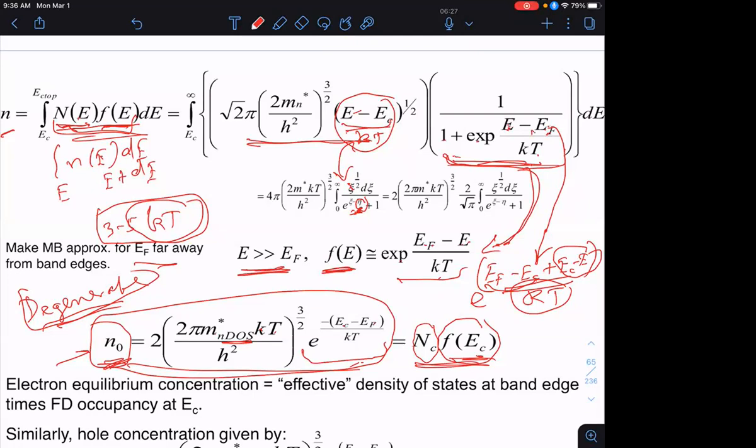Under those conditions, I was able to approximate this Fermi-Dirac term by this exponential term. And then if I evaluate this occupancy at E equal to EC, that's the occupancy factor at the conduction band edge.